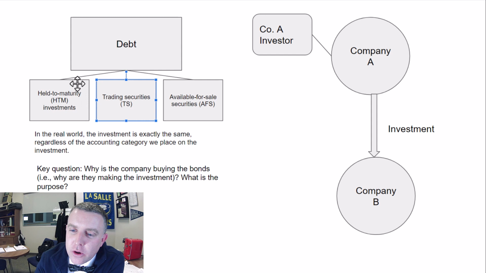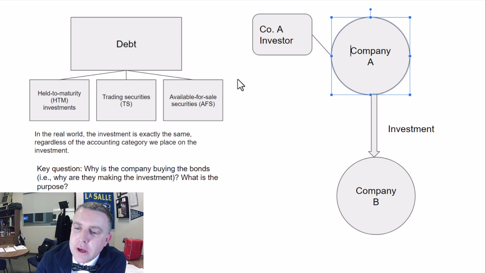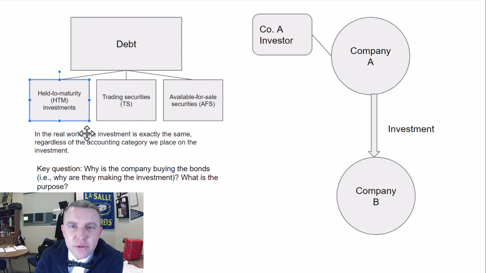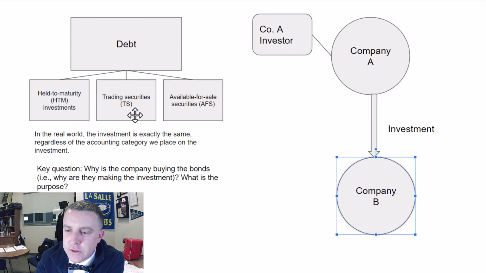Okay, so what you want to know as a company A investor is different based on the intentions of company A in making the investment in company B. Because if company A plans to hold the investment until it matures, you don't really care if the market price fluctuates. The market price is never going to matter for you. But if company A is trying to flip this investment, make a short-term profit on short-term market fluctuations, then you do care about changes in the market price.